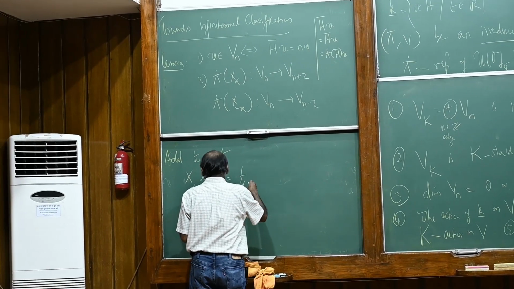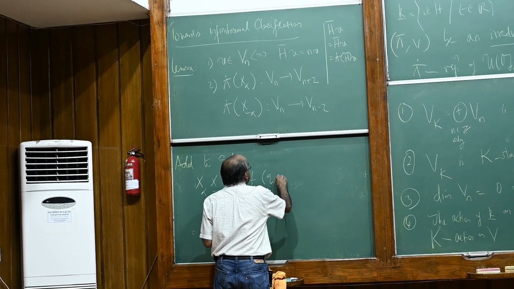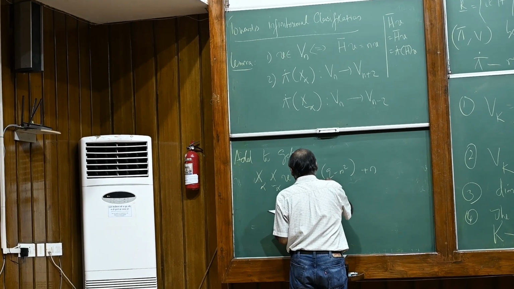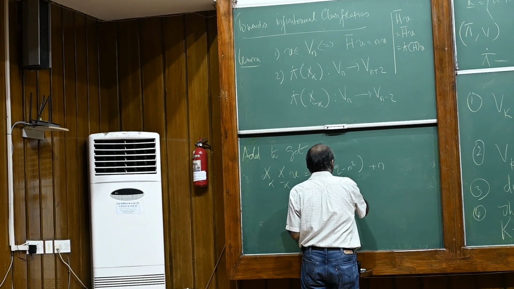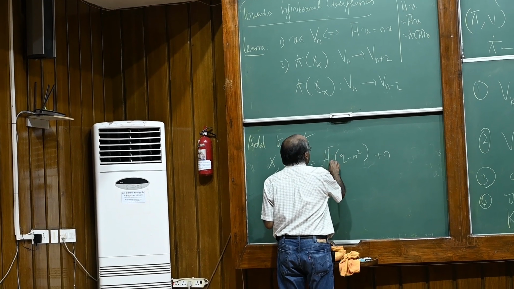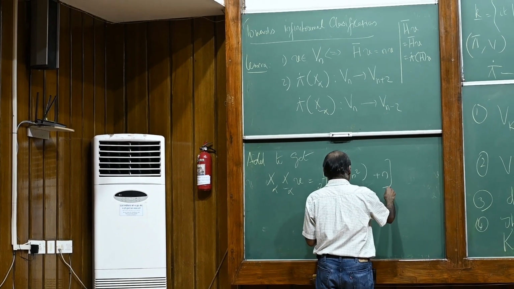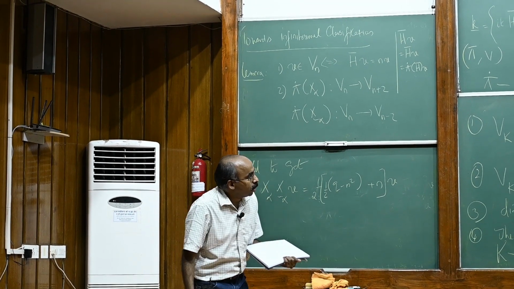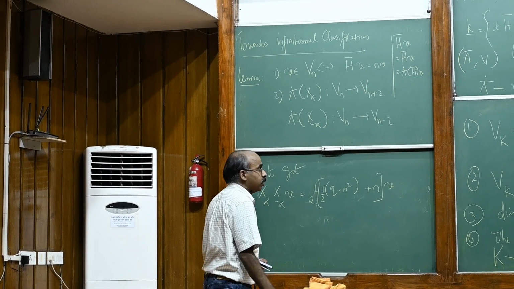So 1 by 4, Q minus n square plus n, sorry, 1 by 2, acting on V, right? It has half Q minus n square plus n, right?